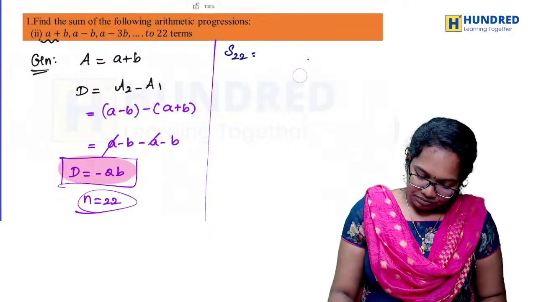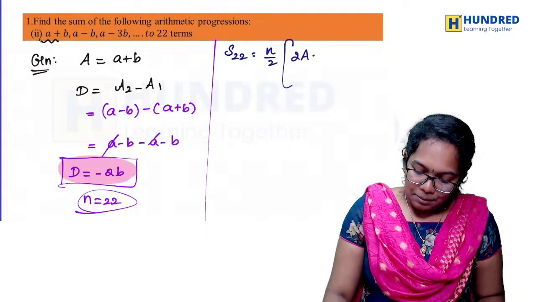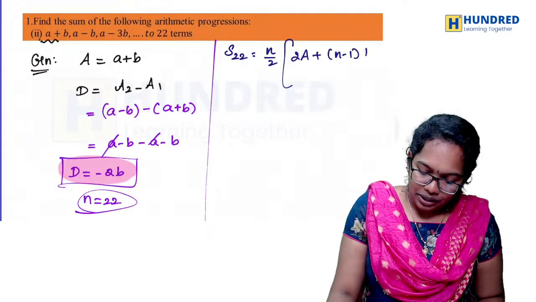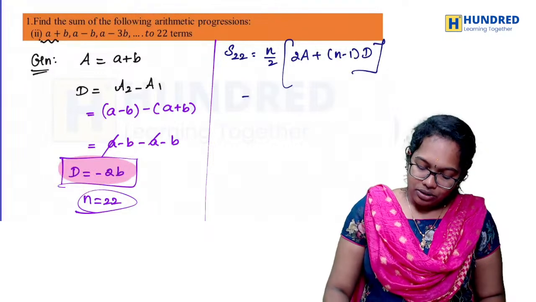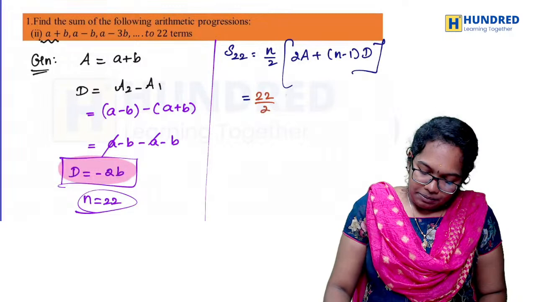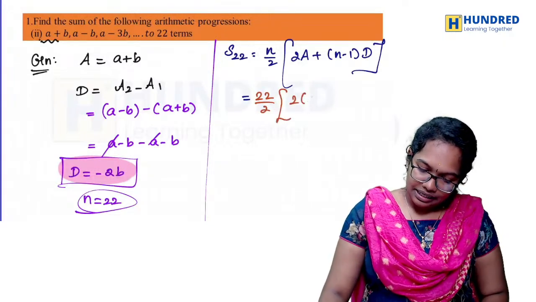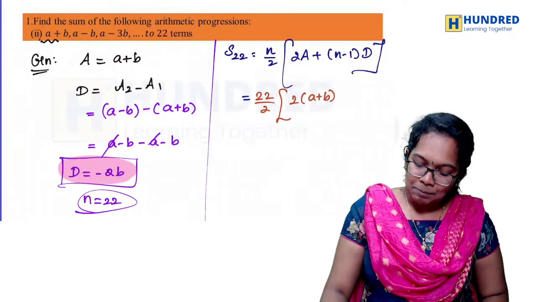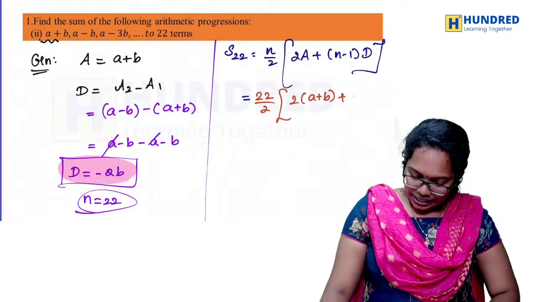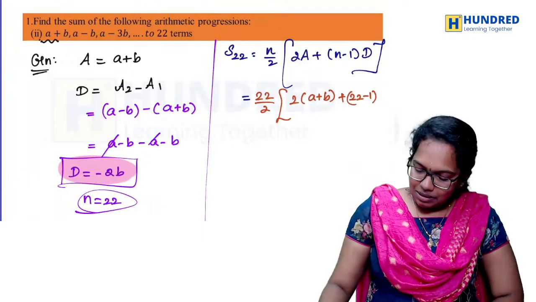So it will be n by 2 into capital A plus n minus 1 into capital D. This is going to be 22 divided by 2 into A, which is A plus B, plus n minus 1, that is 22 minus 1, into D. What is D? It is minus 2B.